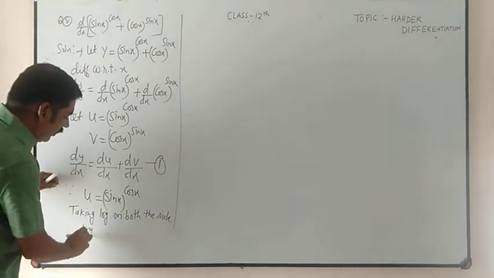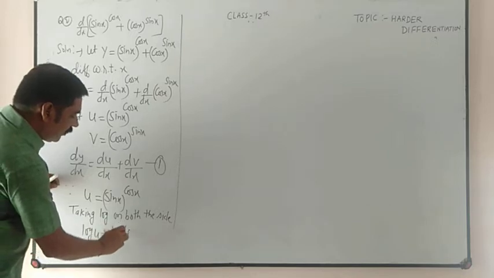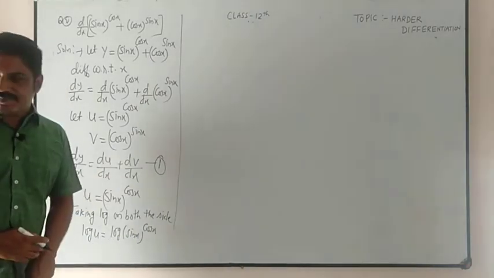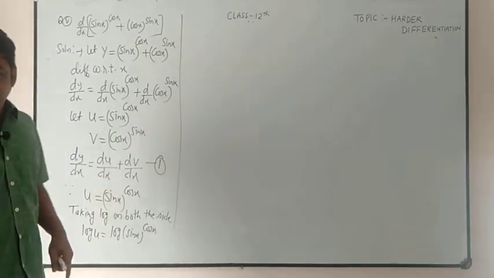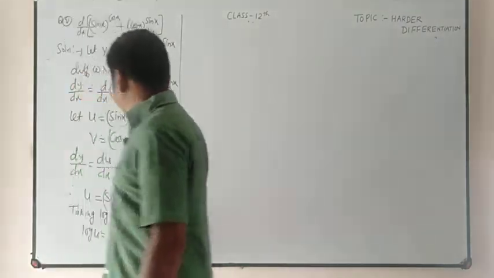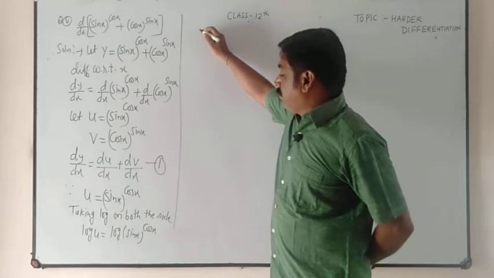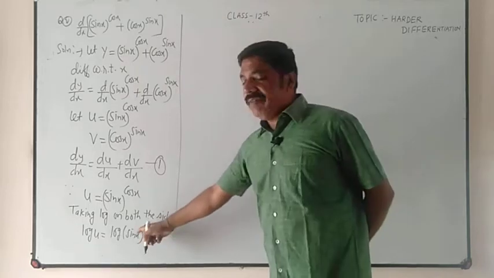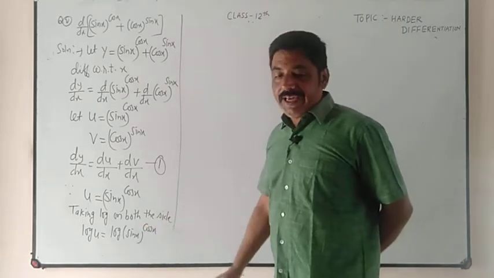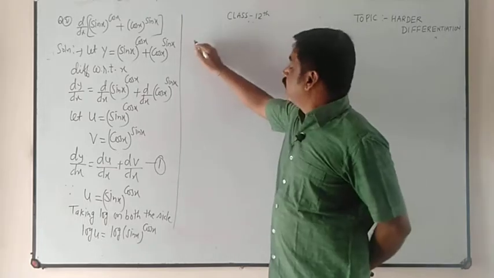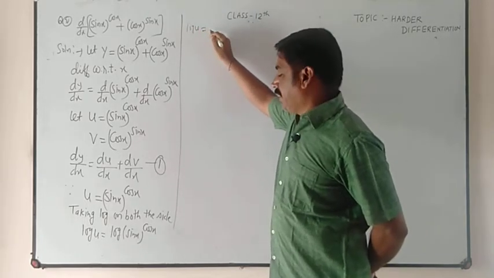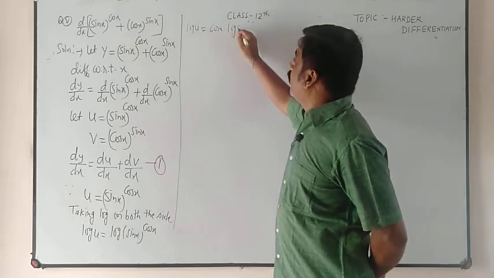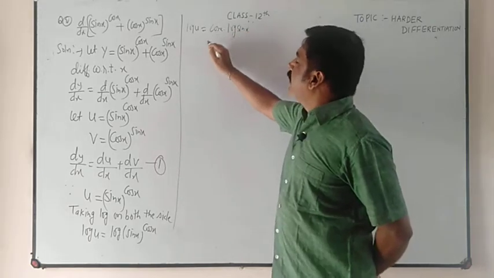So log u is equal to log of sin x raised to cos x. Log m raised to n is n log m. So log u is equal to cos x into log of sin x.